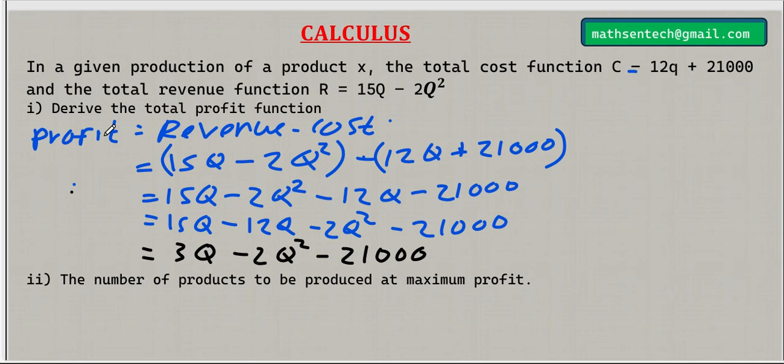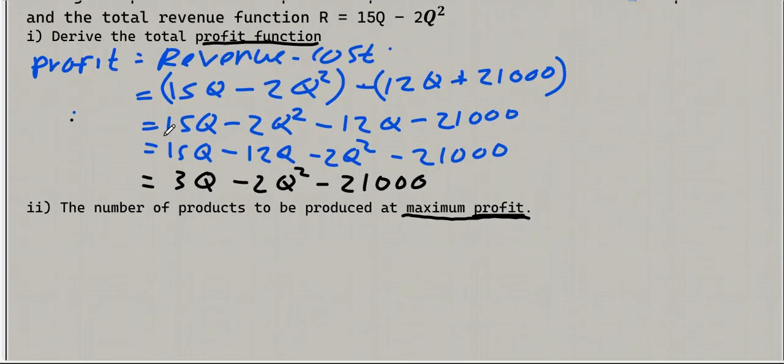The next one is the number of products to be produced at maximum profit. So underline the word profit. Because you've already gotten the profit function, it is the same profit function that we are going to use to get the maximum profit. If you followed our earlier class, and if you have not watched it, please go back and make sure you watch that class on turning points.